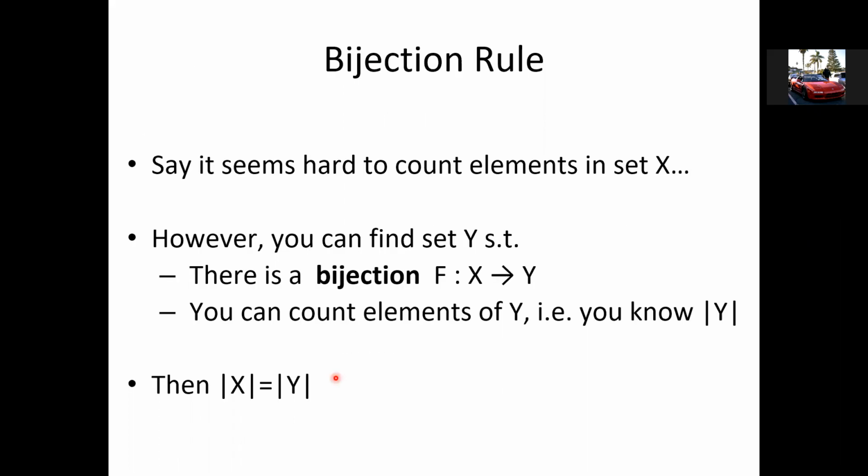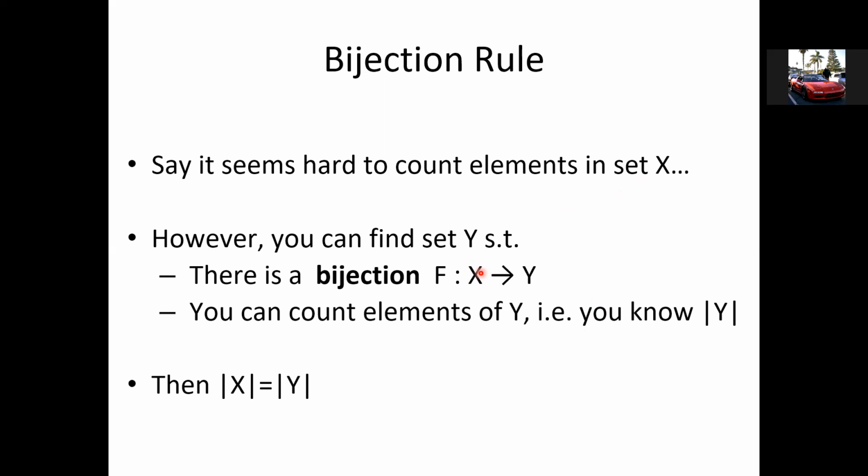Basically, the rule is a completely simple observation. It says that sometimes it might be hard to count the elements of some set X. The way the set X looks, you don't quite see how to count it effectively.